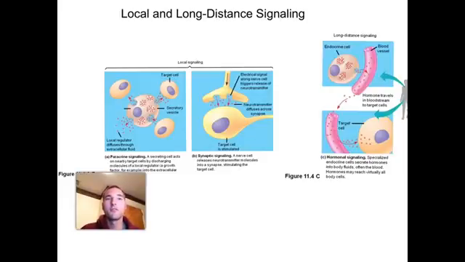The two examples they have here: one of them, as you were reading through the book, talked about growth factors. And that's actually a really interesting one. If you get a cut in your skin, the skin cells near the cut will actually send out different growth factors. Those growth factors will tell cells in that very localized area, hey, you better start growing and dividing.